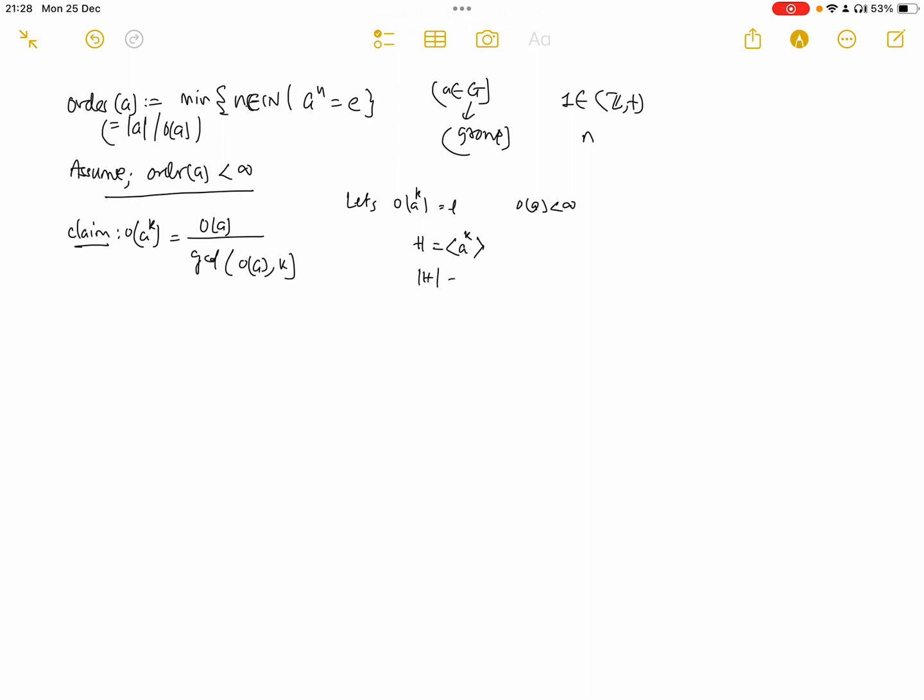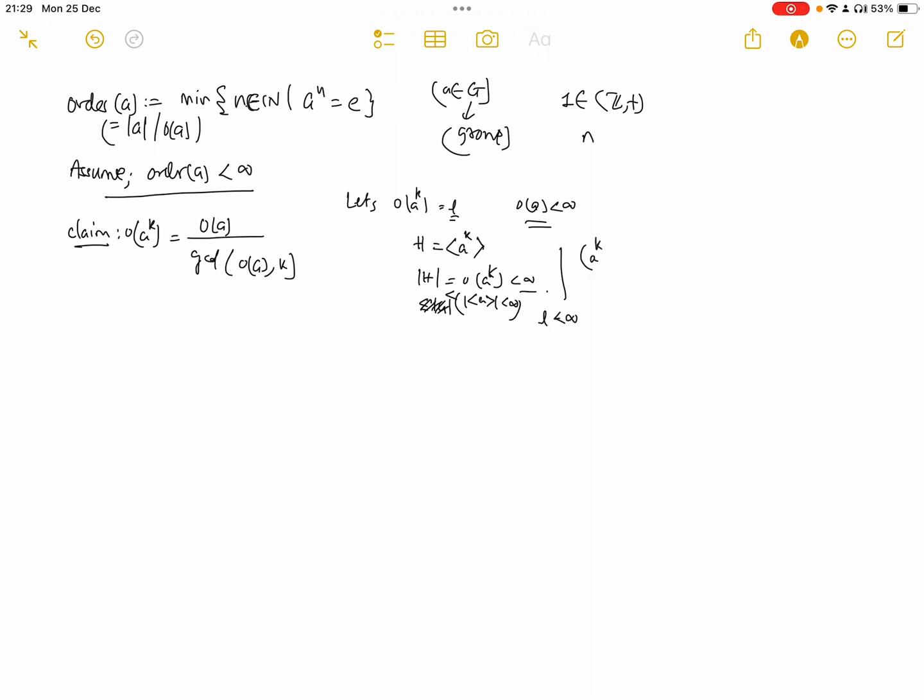Then the cardinality of H is the same as this order, but this is finite because H is a subgroup of this group, which has finitely many elements by your assumption. So this is finite, and let's say its order is L. So L is finite.